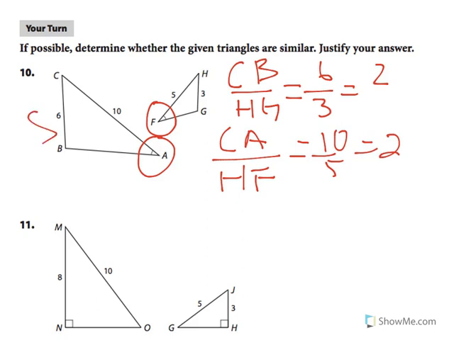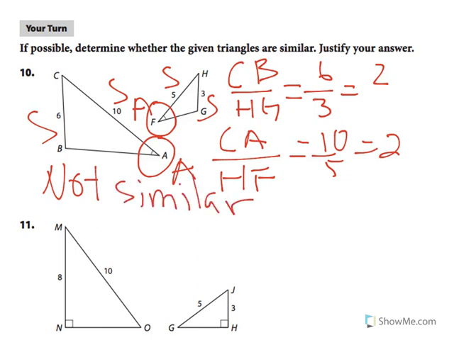So we have side, angle, and side. But remember that in the theorem we say the angle must be between the two sides. This angle is not between the two sides. So even though it appears similar, it's not. These two are not similar.